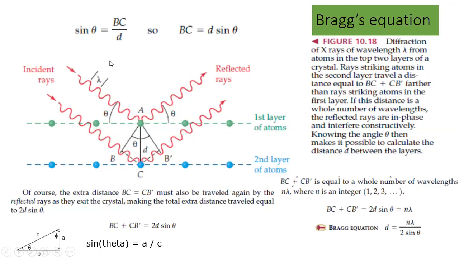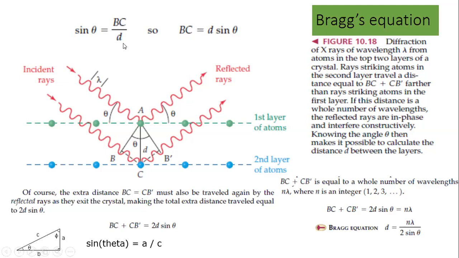So sine theta over here will be equal to BC divided by D. This is the ratio between BC and D, that is called sine theta. I am using this trigonometry to calculate the d-spacing, that means the distance between the two layers. So it is very simple.